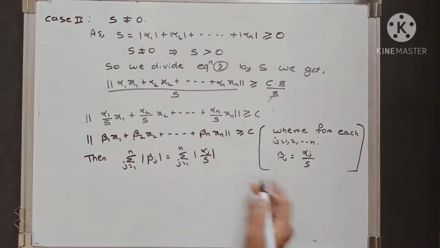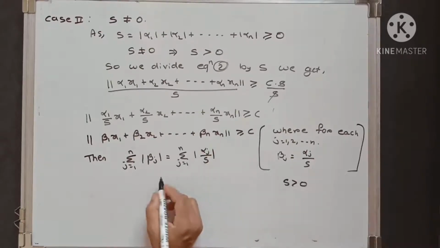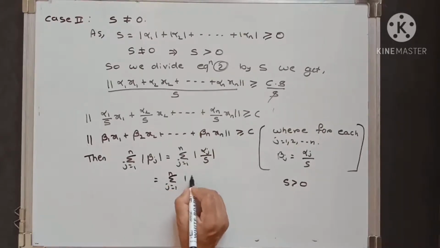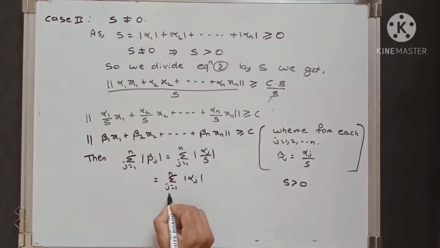Now s is greater than 0, therefore it is equal to summation j from 1 to n of mod of alpha j divided by s, and summation j from 1 to n of mod of alpha j is nothing but s, so s divided by s equals 1.